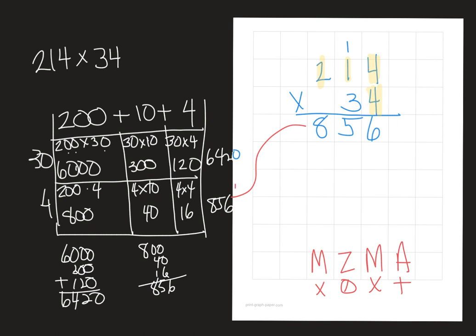That looks like this partial product right here. We just did our first M. And now we are on the 0, so we need to add our 0.